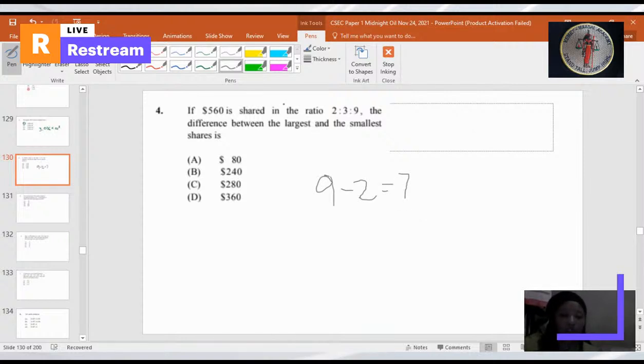And the total ratio is 2 plus 3 plus 9, which is 14. So that would be 7 over 14 times the 560.